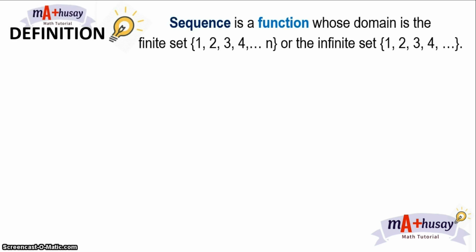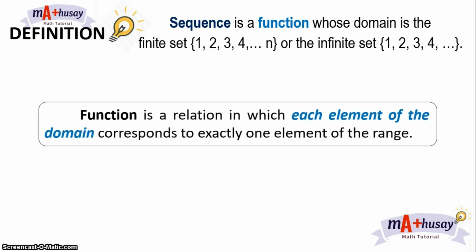What is a sequence? A sequence is a function whose domain is the finite set 1, 2, 3, 4 up to n, or the infinite set 1, 2, 3 and so on. We know that a function is a relation, and when we say relation, you have a set of ordered pairs x and y.